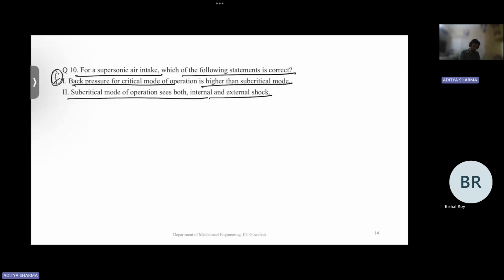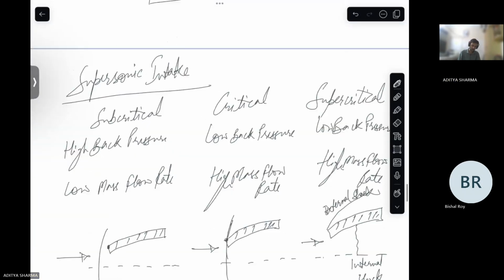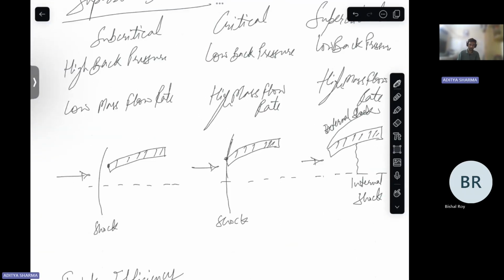Then talking about the second statement, subcritical mode of operation sees both internal and external shock. It's not the subcritical mode that sees both internal and external shocks. It's the supercritical mode.